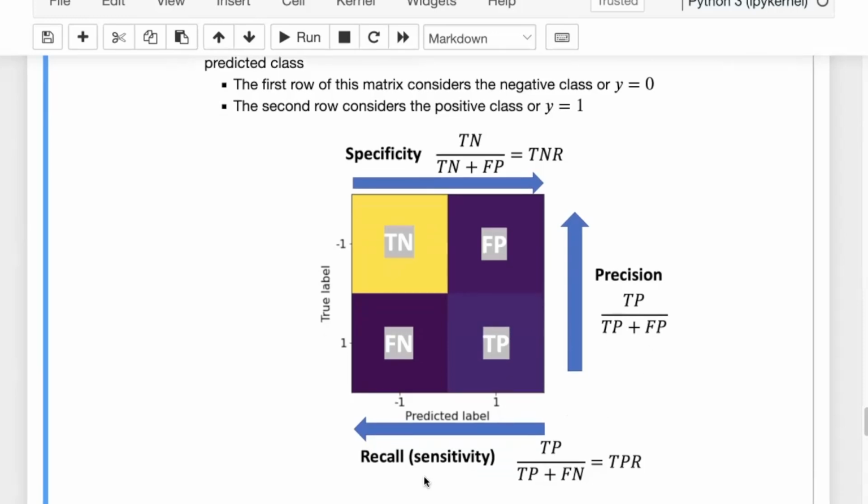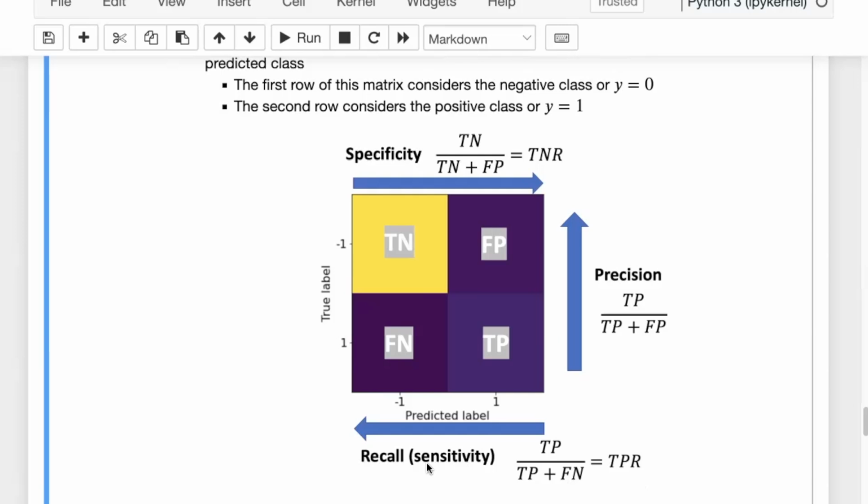On the other hand, we have something called recall, and recall is what we have in this row. So it's true positive over true positive plus false negative. This tells us among the data points that are actually positive, how many of them are correctly classified. That's also called the true positive rate.